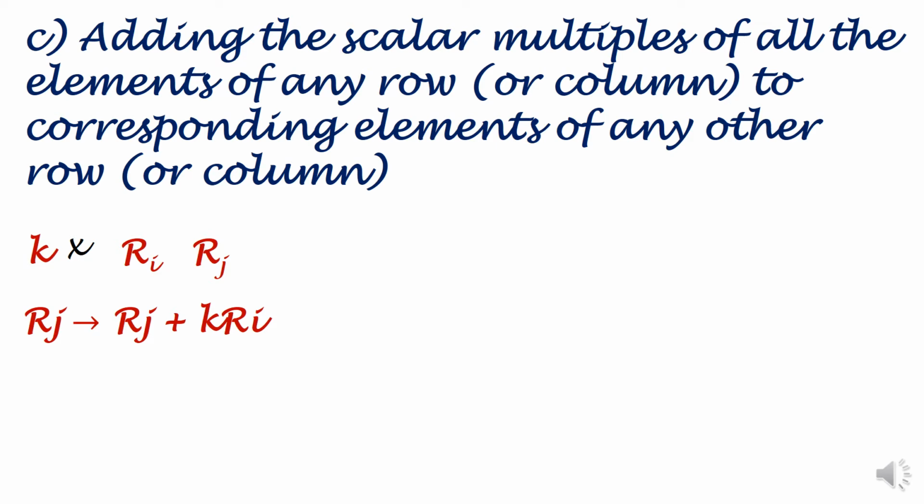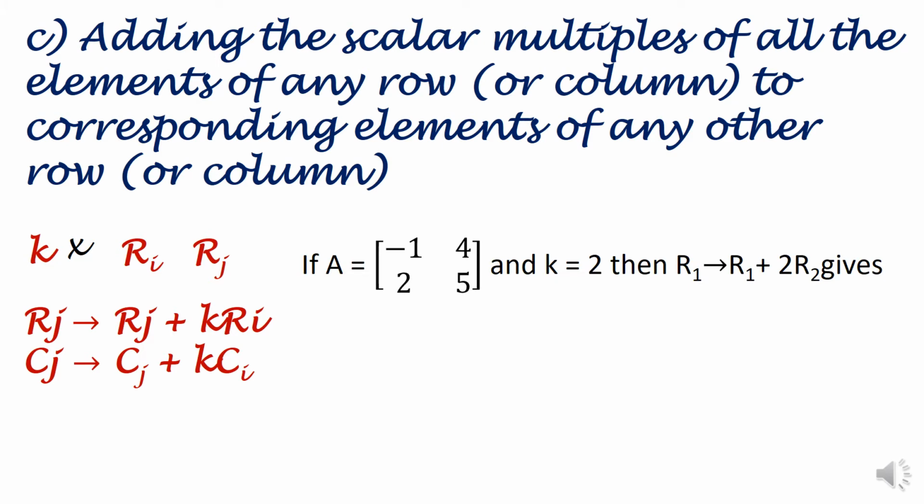Similarly, any column can be written as Cj changes to Cj plus kCi. Let us take an example here. Suppose A is a matrix and k is a number, say 2. Then in the matrix, R1 changing to R1 plus 2R2 gives us like so, where observe R1. R1 originally was minus 1 in the 1st position.